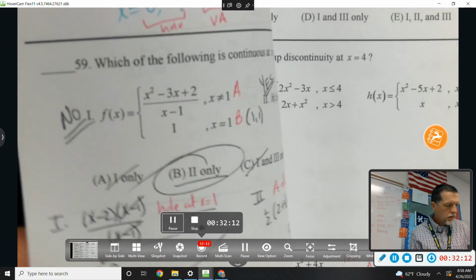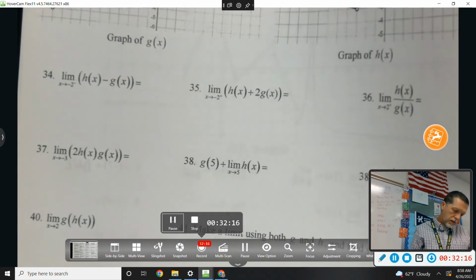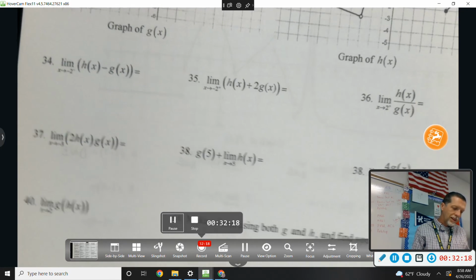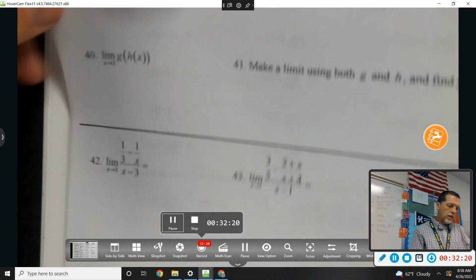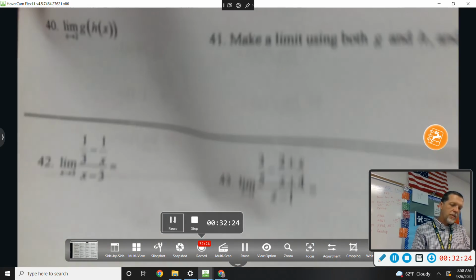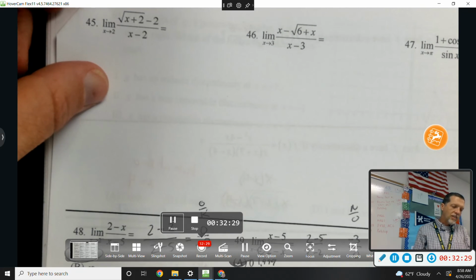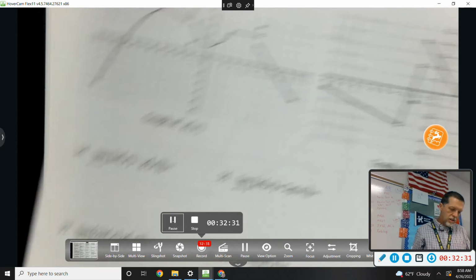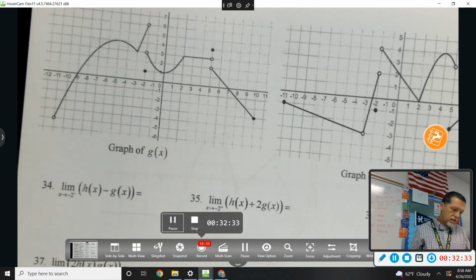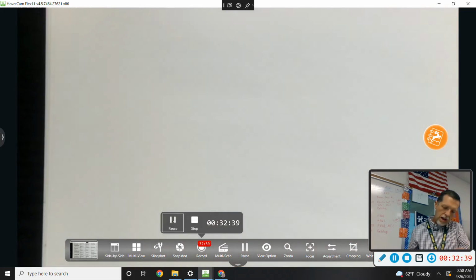I don't see very many other left and right problems where you have to plug in a little more than, a little less than. Ooh, 42 to 44, there's our fraction stuff. 45 to 47, there's the conjugate stuff. I bet there's factoring in there somewhere. Yeah, 19 would be factoring.